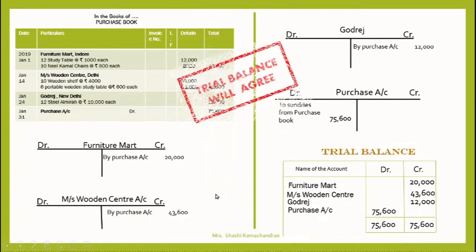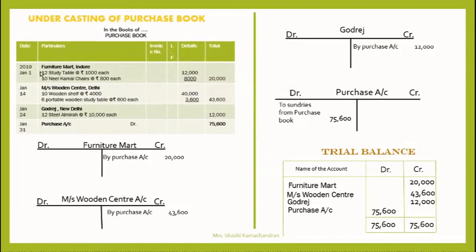Now, what happens if the total is wrong? Wrong totaling is under casting of the purchase book. Casting means total here. The total comes to 75,600, and if it is wrongly totaled and short by 600 rupees.